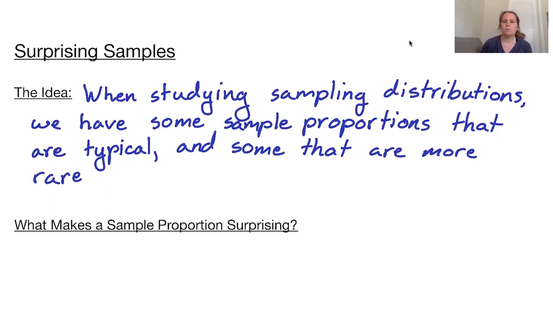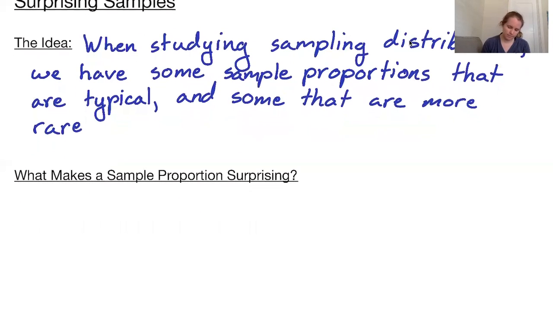So the question becomes, what makes a sample proportion surprising? At what point do we consider a sample proportion to be surprising?